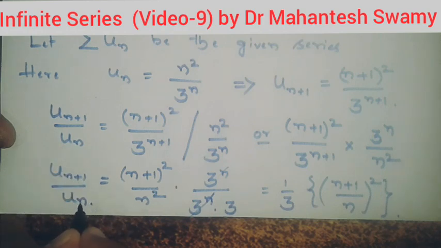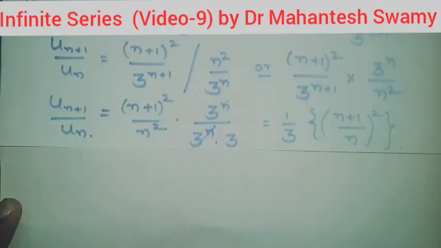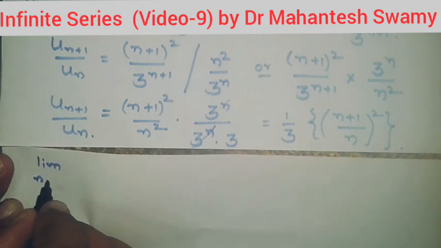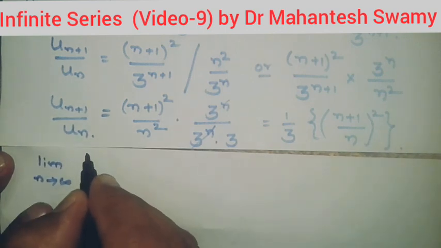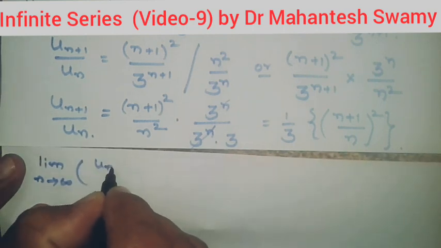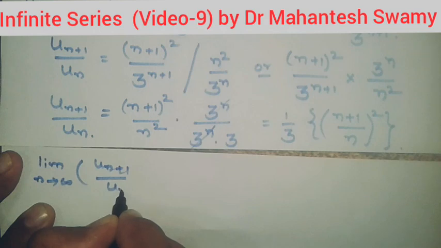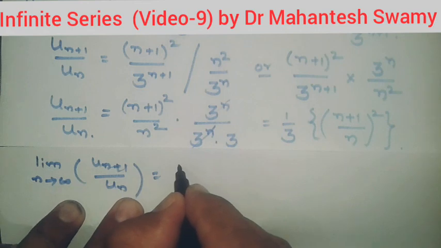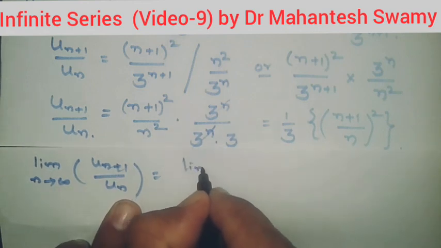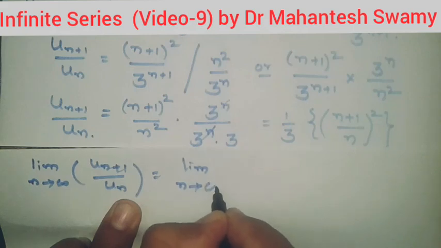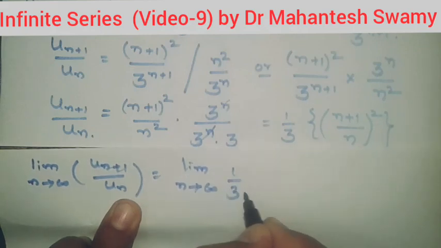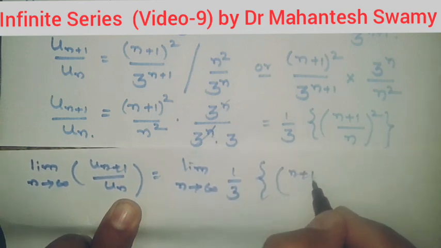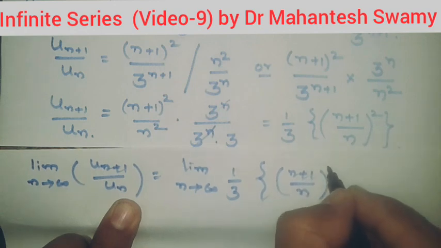Now we have to apply limit on both sides. So consider limit as n tending towards infinity of un plus 1 divided by un on LHS, whereas on RHS, again we should write limit as n tending towards infinity of 1 by 3 into the bracket n plus 1 divided by n, whole square.